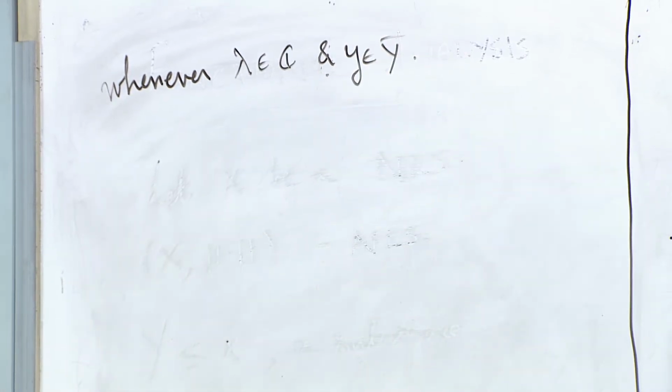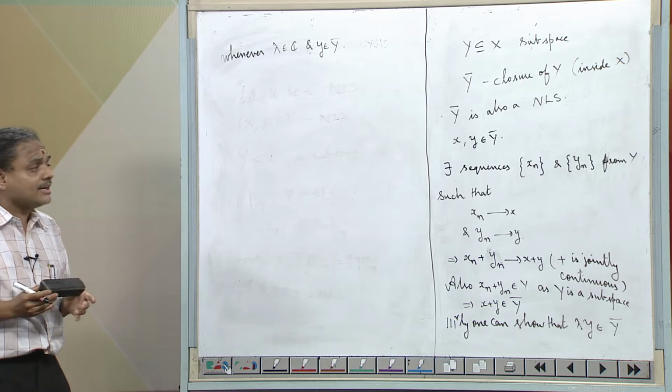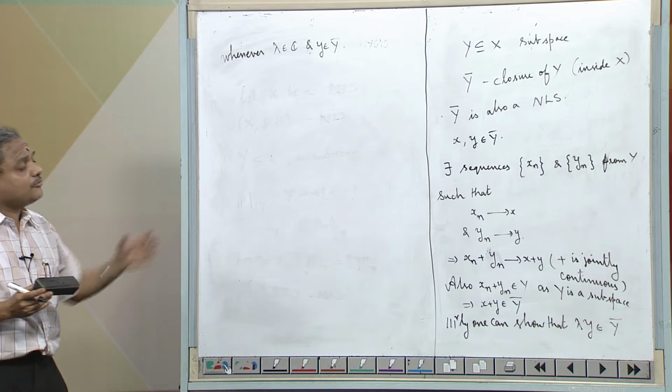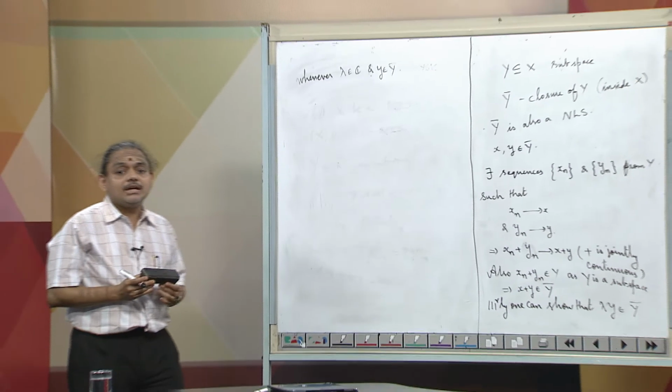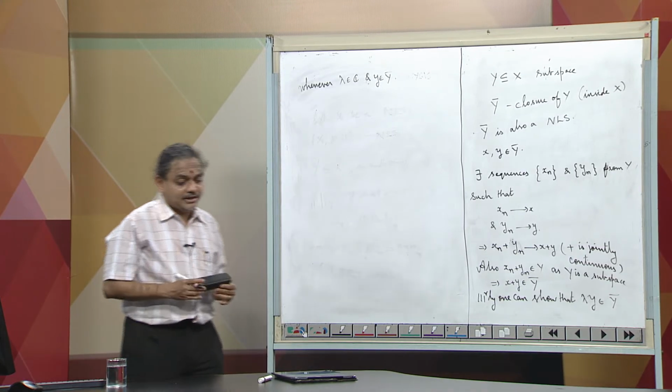That is it. So, we have shown that Y closure is a subspace, and therefore our previous construction will immediately tell us that Y closure is a normed linear space.